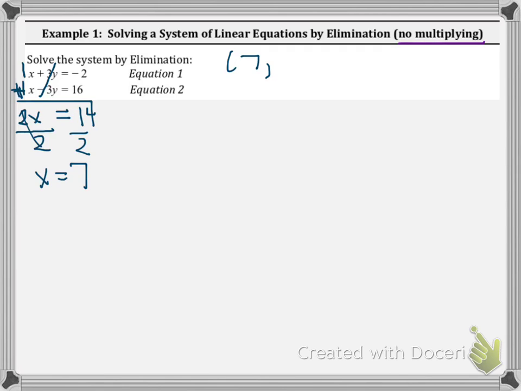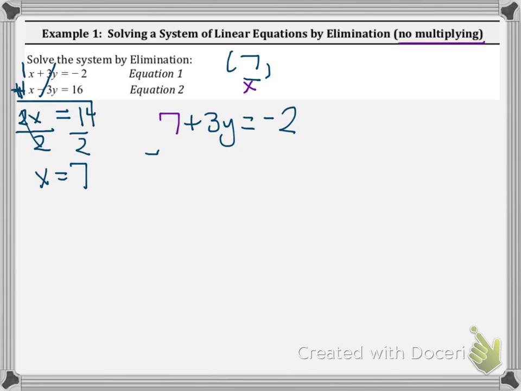So do you remember how to find the y value? Yes, you substitute this 7 into one of the original equations, just like we did in substitution. So let's plug it into the top one. X is 7, so 7 plus 3y equals -2. That makes sense because we're trying to solve for our y value.